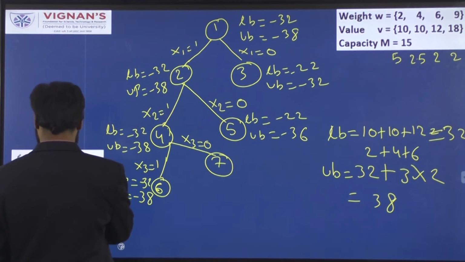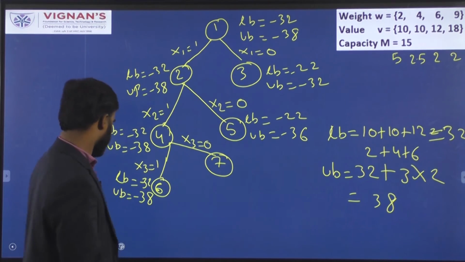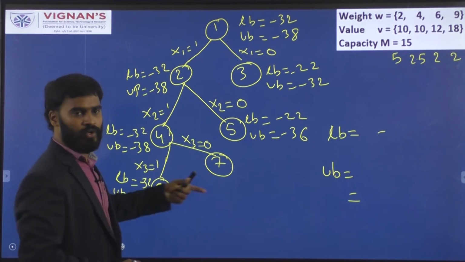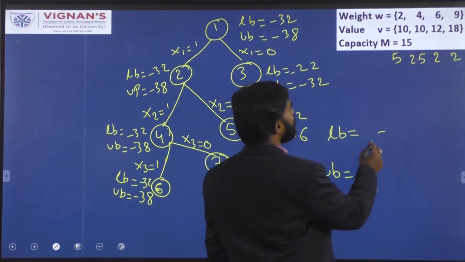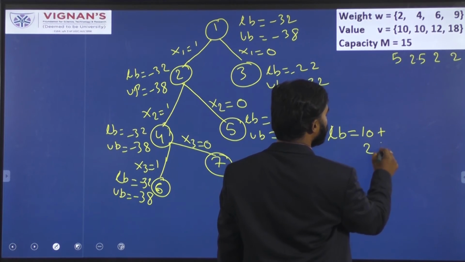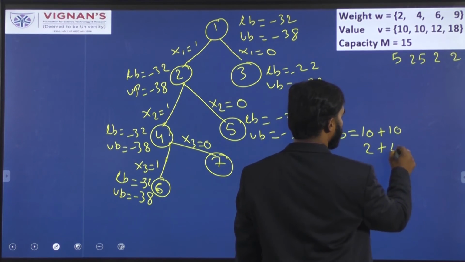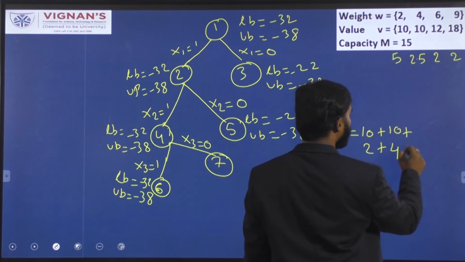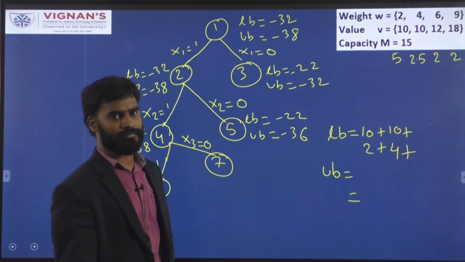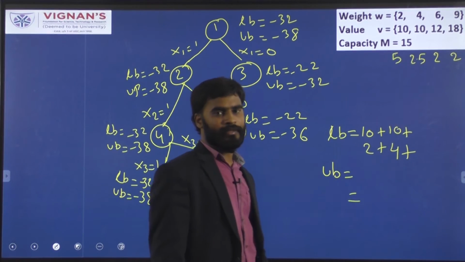Let's do the same thing for node 7, where we are not including the third item. Node 7 is include item 1, include item 2 but don't include item 3. Item 1 has value 10 and weight 2, item 2 has value 10 and weight 4. Let's see whether we can include the 4th item. So far I added 6 kilos of weight.